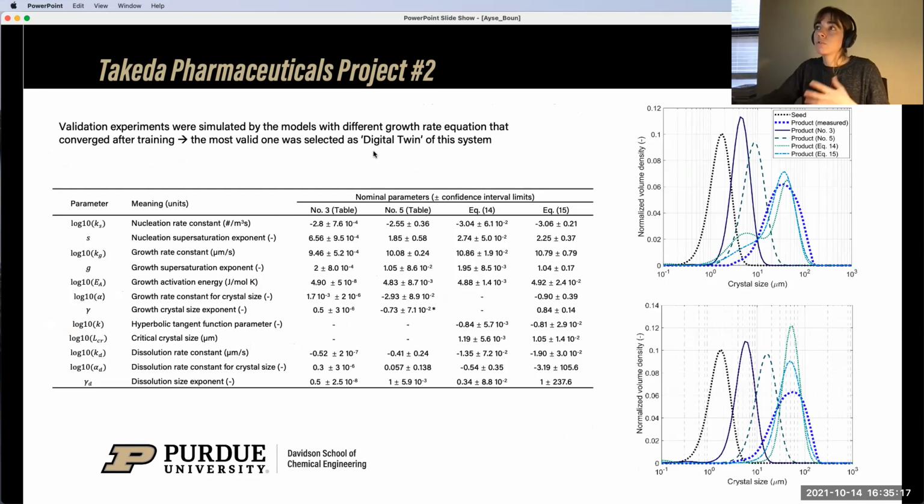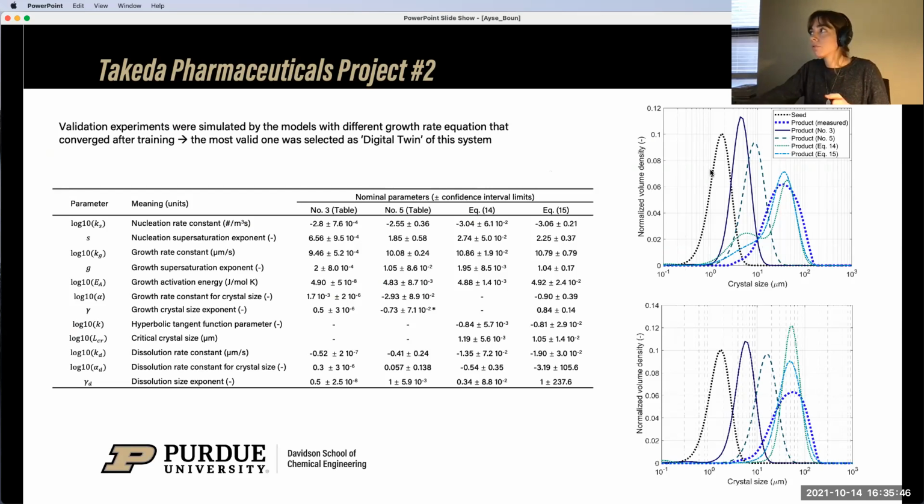And then to call it a digital twin, we went back to the lab, did more experiments, and after that, we decided on which model to use as the digital twin by looking at the goodness of the fit for the product crystal size distribution. So from these two experiments, the real experimental crystal size distribution is the blue one, the bright blue one, and the others are this is the seed crystals, basically the starter crystals.